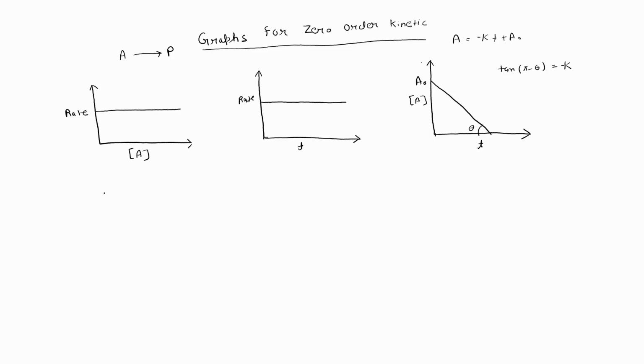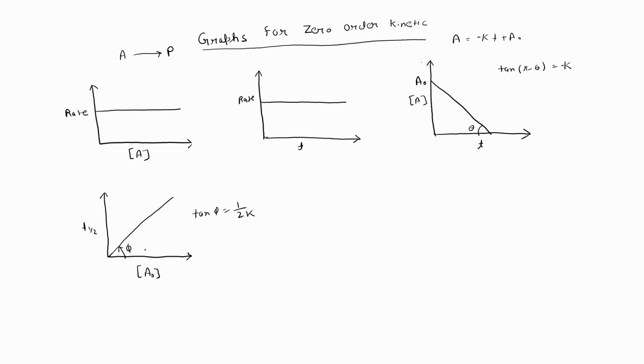Then we have a graph of half-life, T half, with respect to initial concentration. As initial concentration increases, T half increases, and if this angle is phi, then tan phi is equal to 1 by 2k.